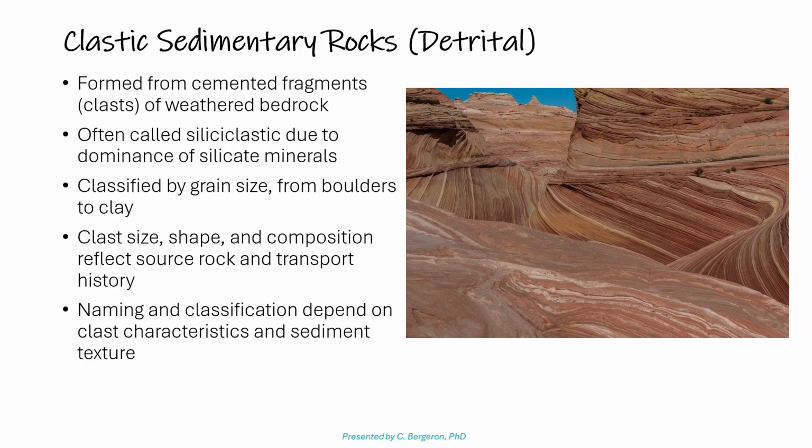So clastic or detrital rock is classified and named based on not just the size, like I was just saying about the clasts, but also the composition. So that's an important one. There are various sizes from boulders to clay, and when I say the term clay in this context, when we're talking about sedimentary rocks or sedimentology, clay refers to a grain size.